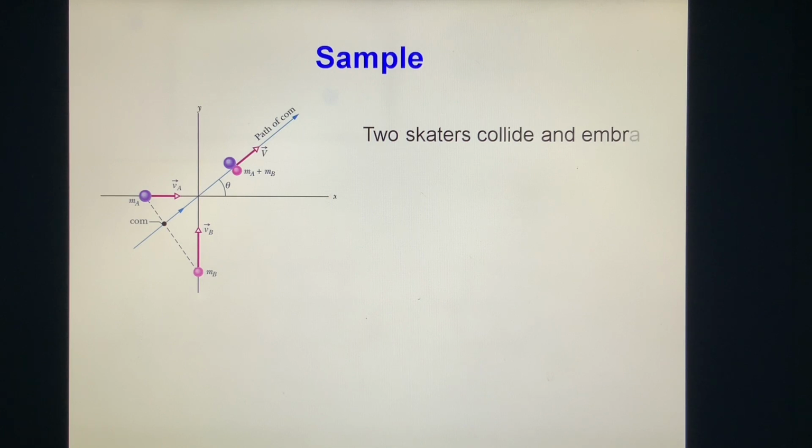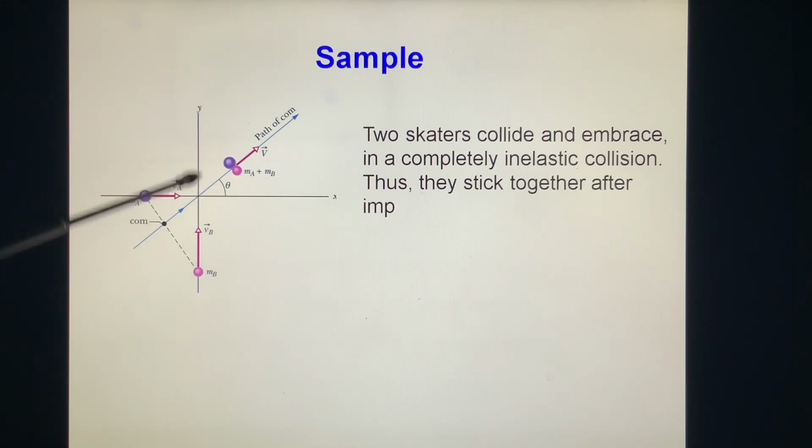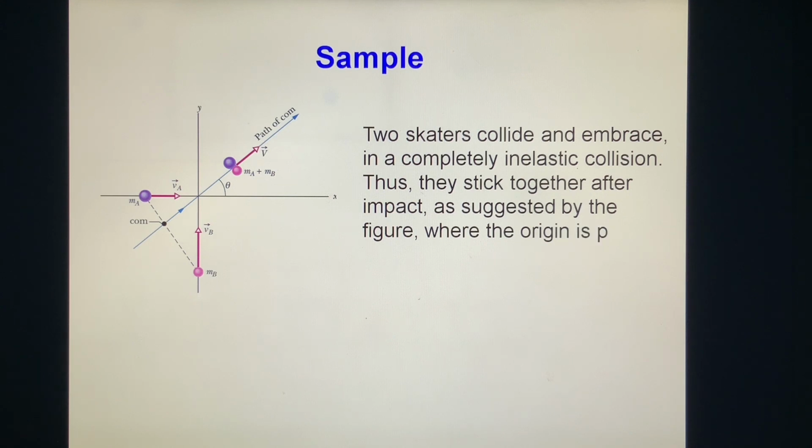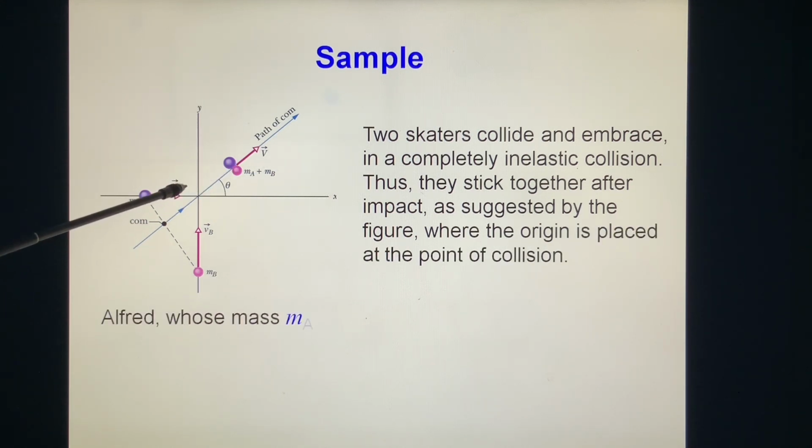Two skaters collide and embrace in a completely inelastic collision. Thus, they stick together after impact, as suggested by the figure, where the orange is the point of collision.